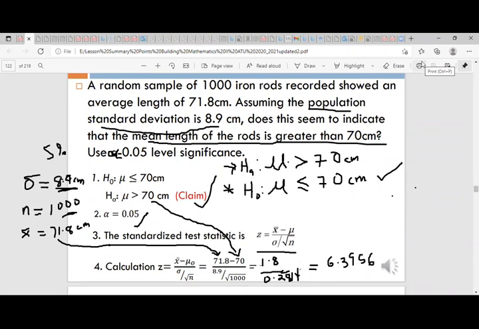Yeah, so you can leave it in 4 decimal places.